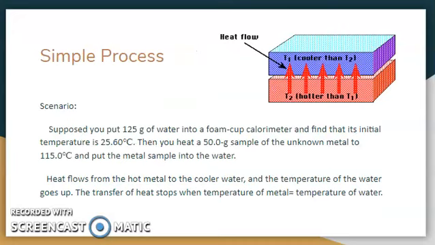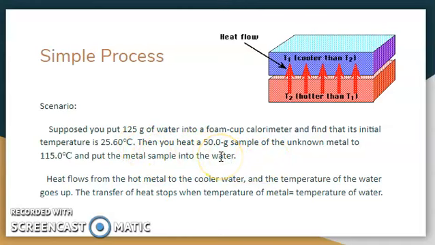So how do you determine the specific heat of an unknown metal? Here's a scenario. Suppose you put 125 grams of water in a foam cup calorimeter and find its initial temperature, and you have a known mass of metal, and you heat it to a certain temperature and then put the metal sample in the water.